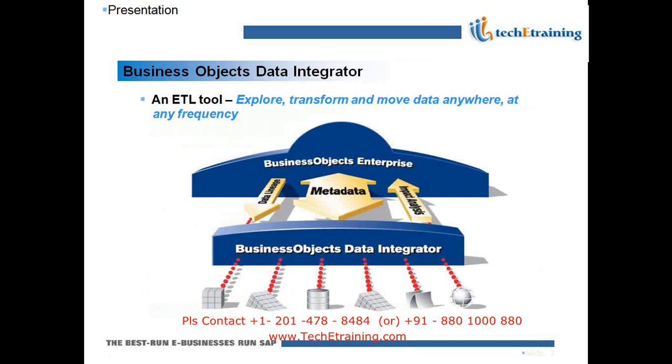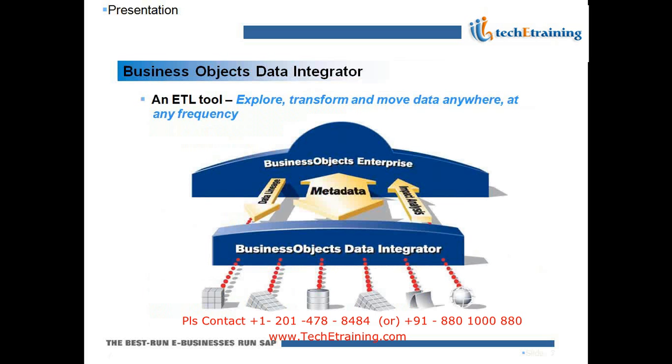So on solutions, Data Integrator is used as an ETL tool, and it connects to different sources. It brings that data. Now each different system connects at a different level or a different interface, and when you connect, you will have to bring in different kinds of metadata to interface with those tools.